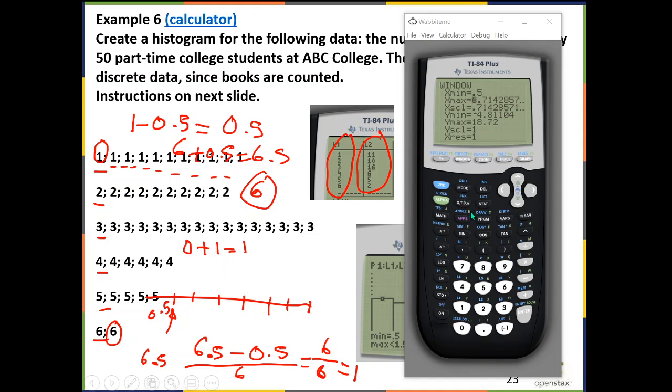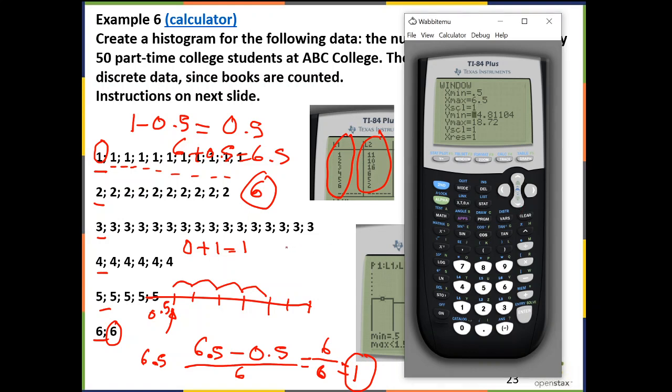So I'm going to put the maximum to be 6.5, and I'm going to make the x scale actually what's the increment that the calculator uses, and that is 1. Of course, we decided it's right here. Oops, go back. It's right here. That's 1. So I put 1, and the y min.